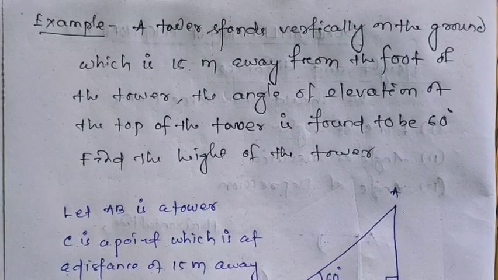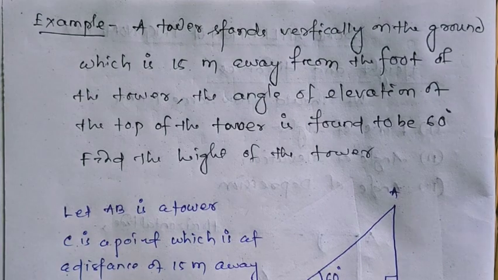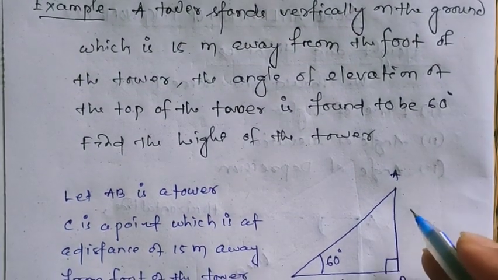Now we will solve the examples. Let's go to example number 1. A tower stands vertically on the ground. Let us consider here is the tower AB.